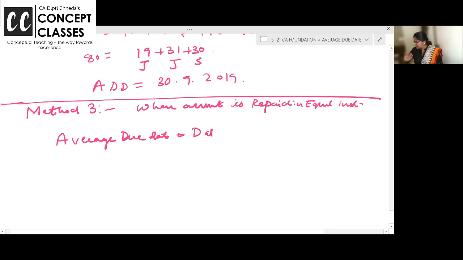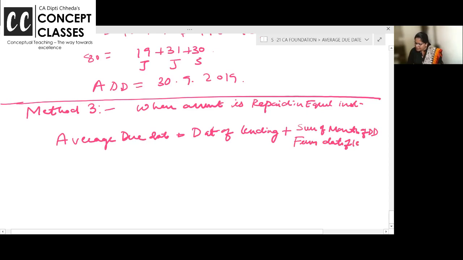Average due date is date of lending plus sum of months of due date from date of lending.